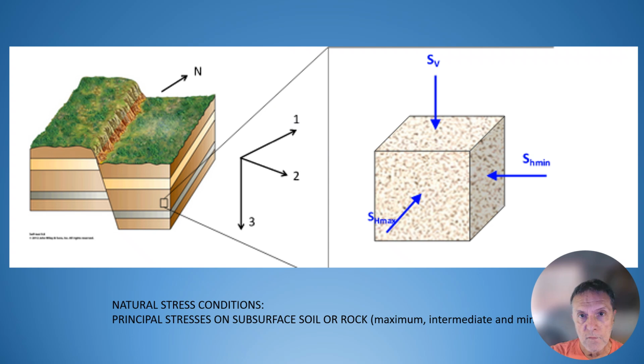So here's some very basic graphic depiction of stresses. The graphic on the left shows Earth under stress by means of faulting. There are three axes of stresses as shown.